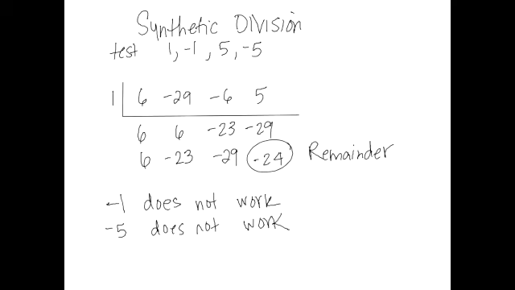He did it on his paper, I did it on mine to confirm negative 1 does not work either. Now when we say does not work, what that means is that we're always getting a remainder. It will work if you do not get a remainder, okay? So he tested negative 1, it did not work. He tested negative 5, it did not work.